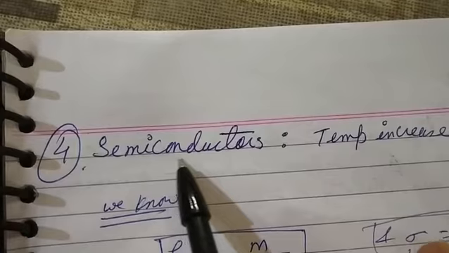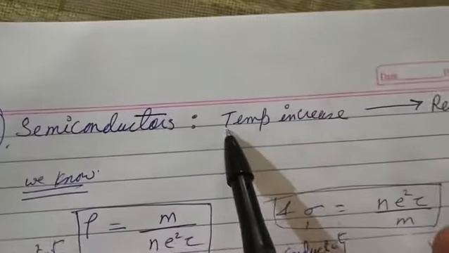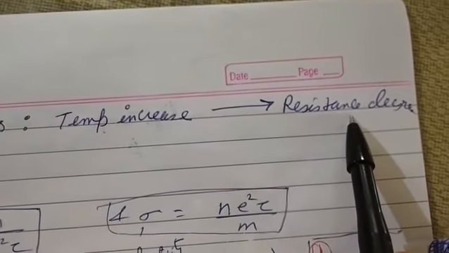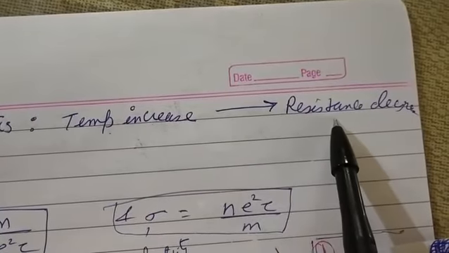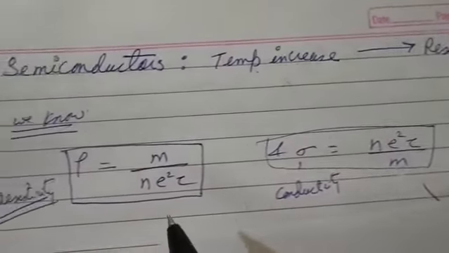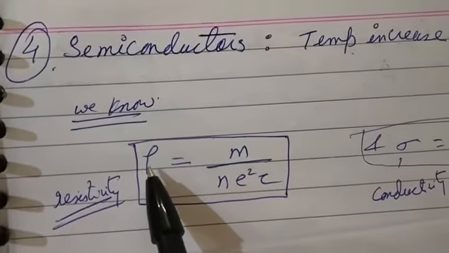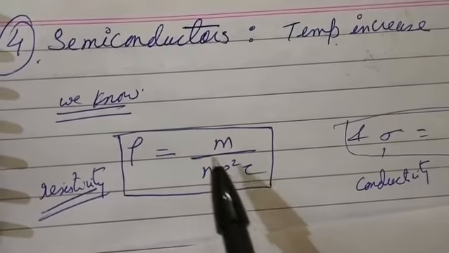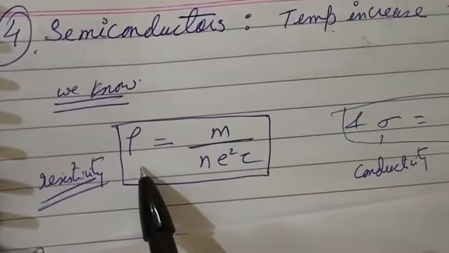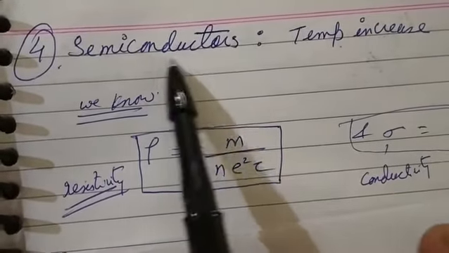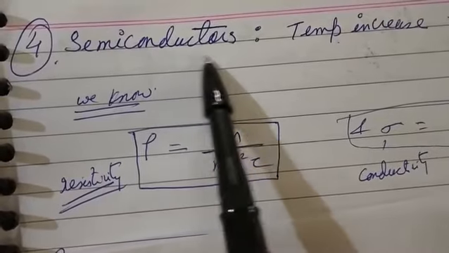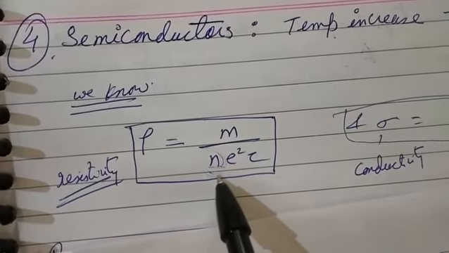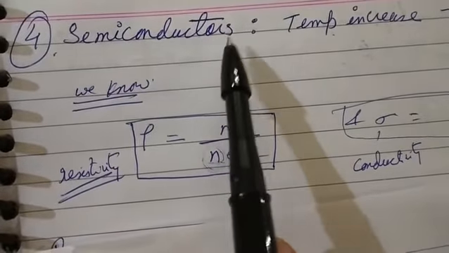Now what happens to the resistance of a semiconductor by increasing the temperature? Here, when temperature increases, resistance decreases. Why does the resistance decrease? We know the formula of resistivity, rho is equal to m over n e squared tau. Now look here. When we increase the temperature, the semiconductor behaves like a conductor, which means the number of electrons will increase.